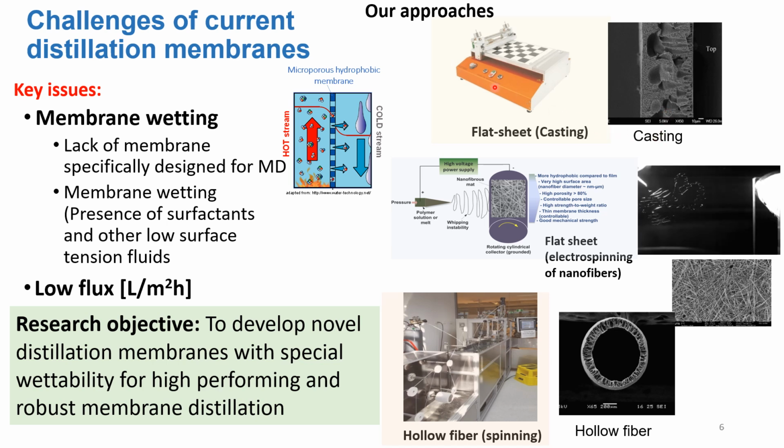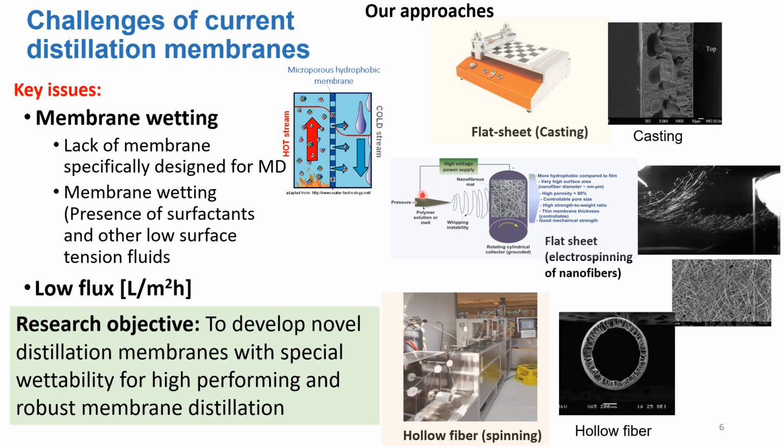The second approach, which I'm going to talk about more, is electrospinning of nanofibers. If you are not familiar with electrospinning, basically you have a polymer solution here, and you add some pressure so that the solution will come out from a nozzle, and this nozzle is connected to a very high voltage power supply.